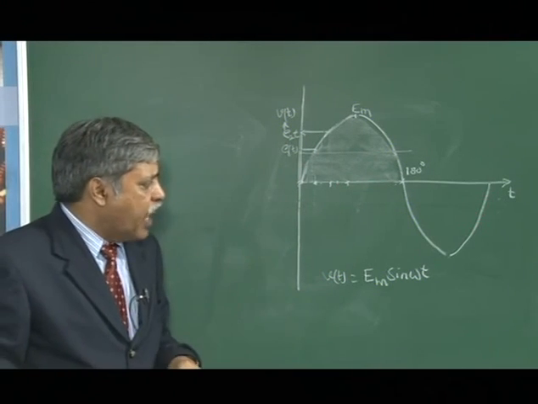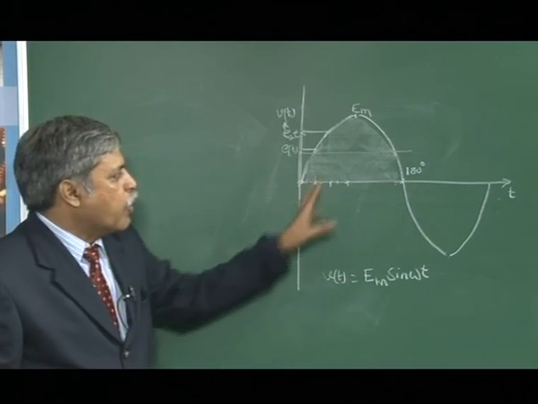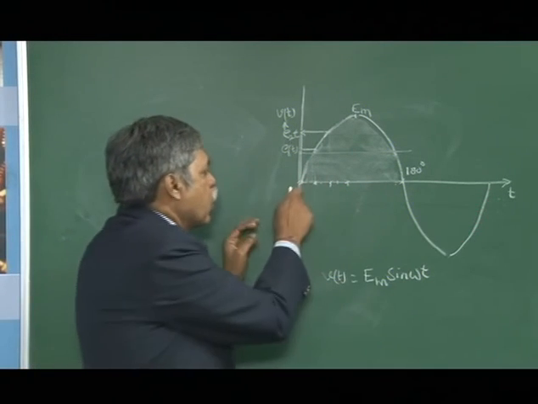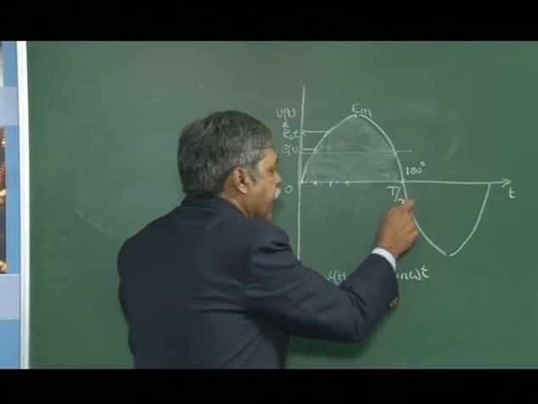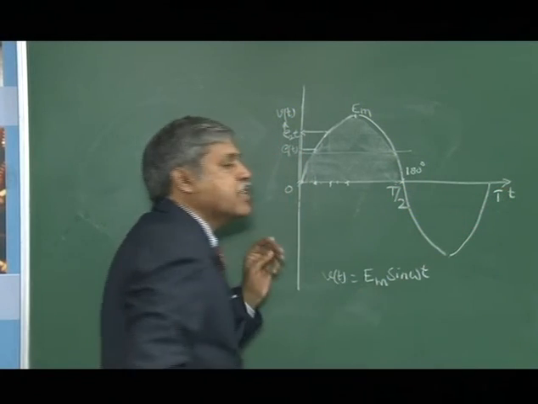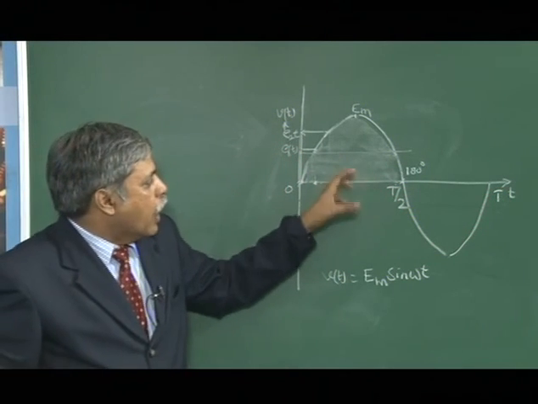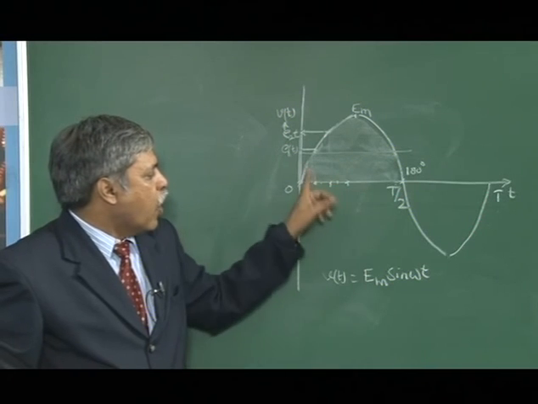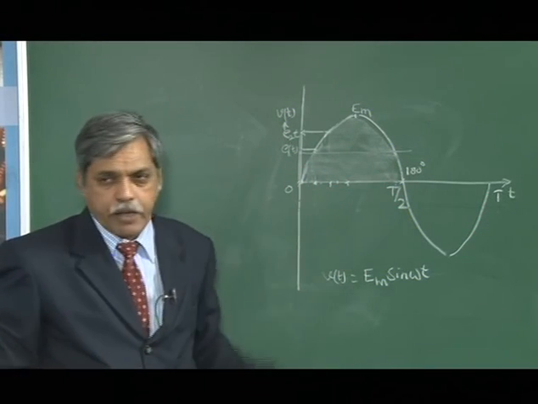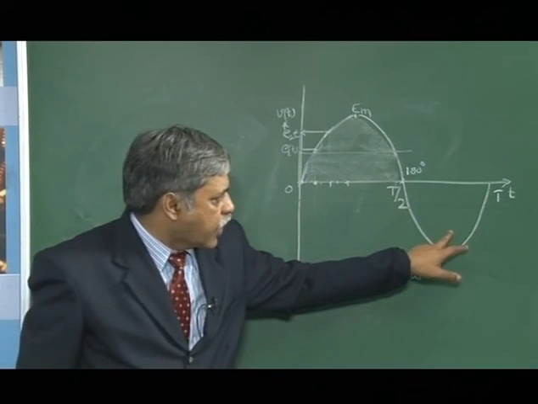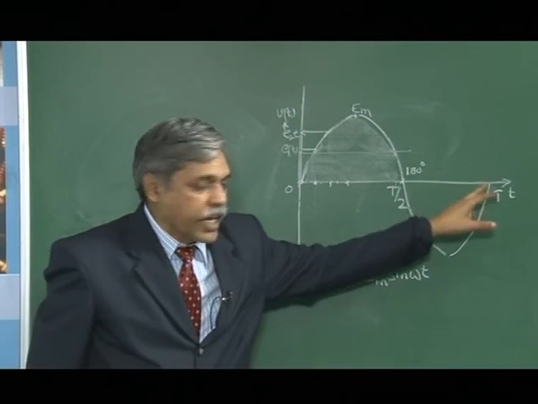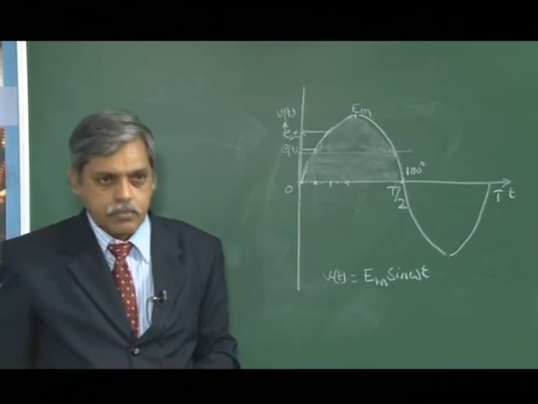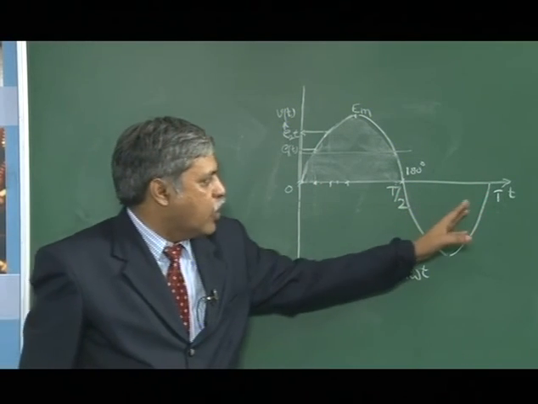Now if I calculate this average value over a period, that is 0 to T by 2 and T by 2 to T seconds, you can see I have the positive alteration where all the instantaneous values are positive, and a negative alteration where all my values are negative.